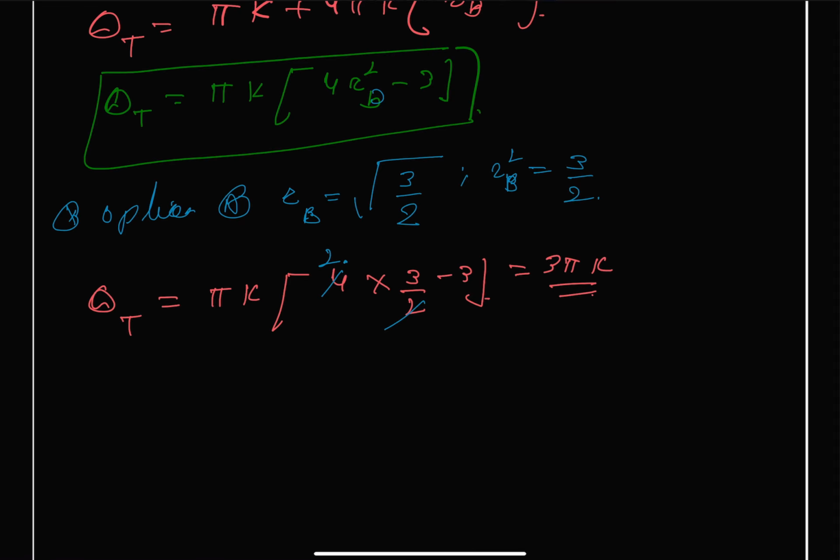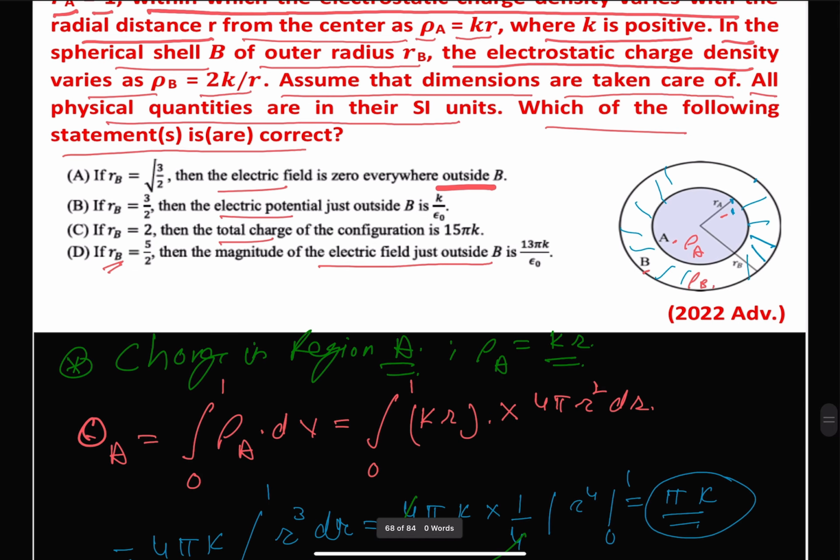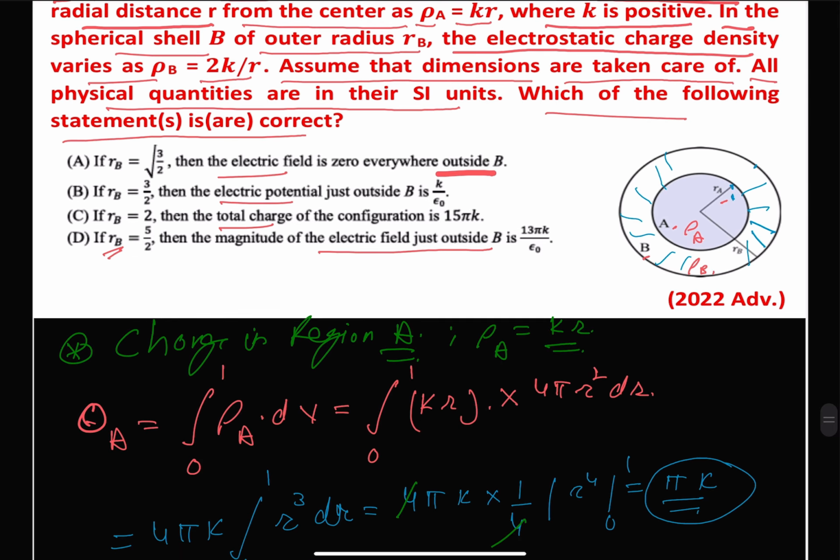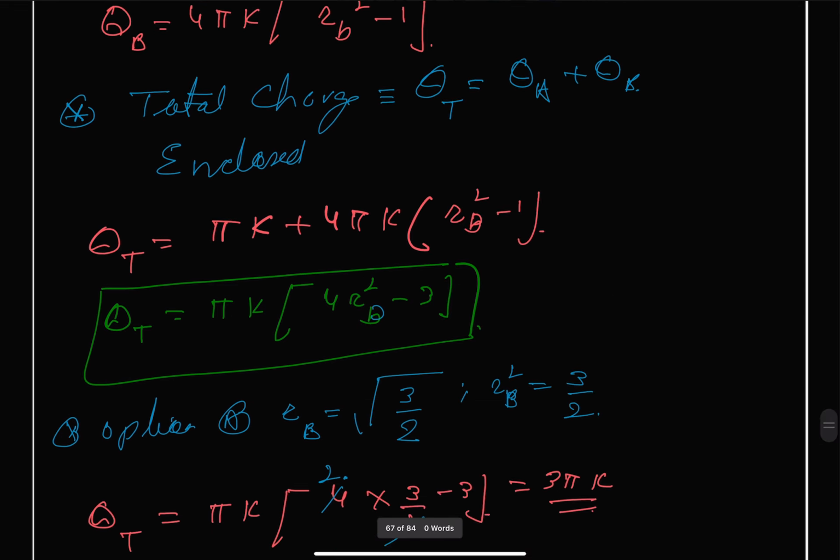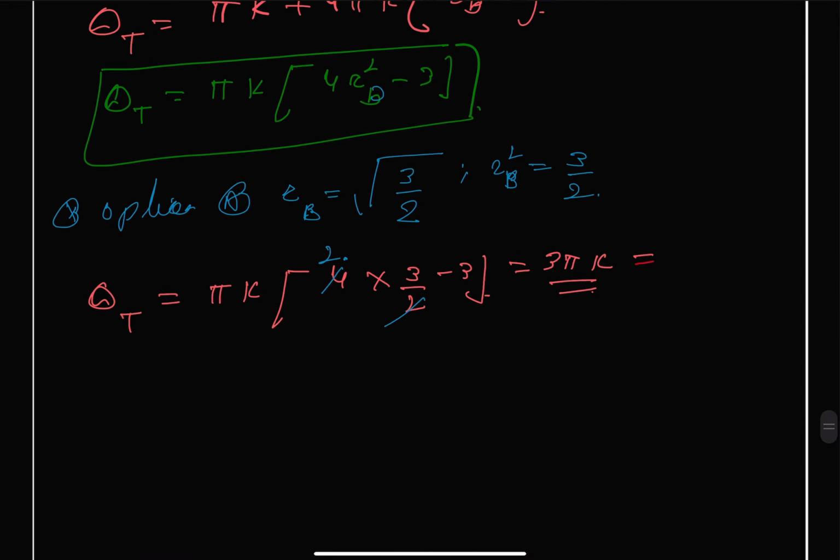And in the first part, the electric field is 0 everywhere outside B. Okay, so the charge is not equal to 0. So it means, because the charge enclosed is not equal to 0, the electric field will not be equal to 0.